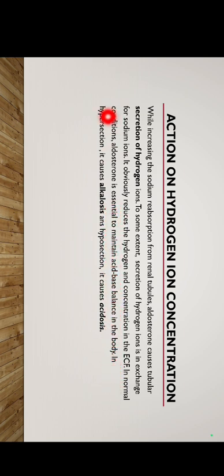In normal conditions, aldosterone is essential to maintain acid-base balance in our body. In hypersecretion, it causes alkalosis, and in hyposecretion, it causes acidosis. So maintenance of the acid-base balance depends on the hydrogen ion concentration.